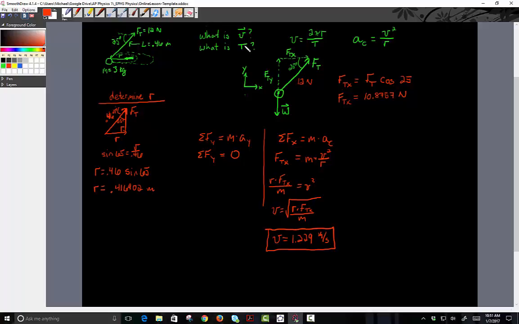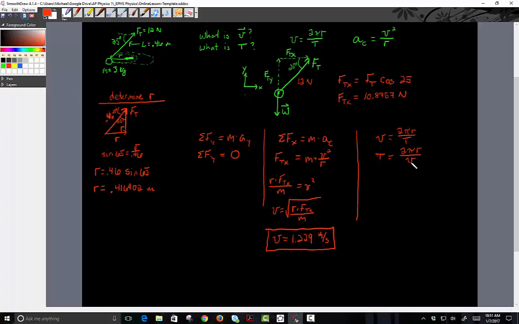All right, so we answered the first question. The second question is the period. So looking here, I'll probably use this equation, and we'll just rearrange it for the period. So the velocity is equal to 2 pi r over T. If I multiply by T and then divide by v, I get the period is equal to 2 pi r divided by the velocity.